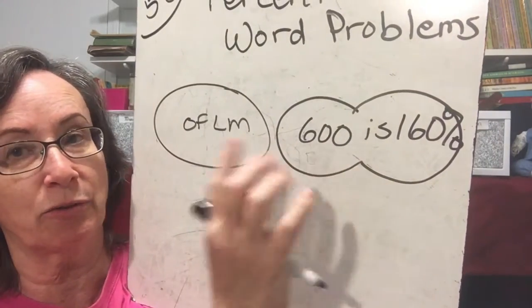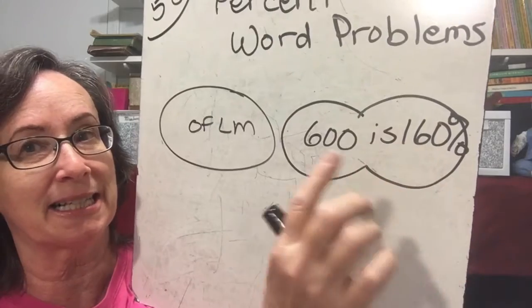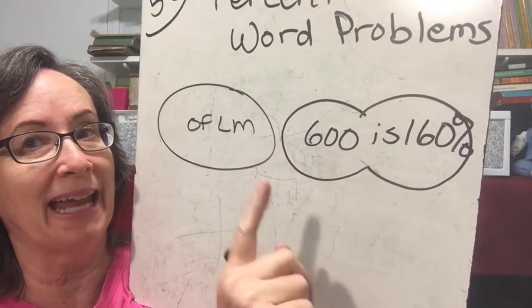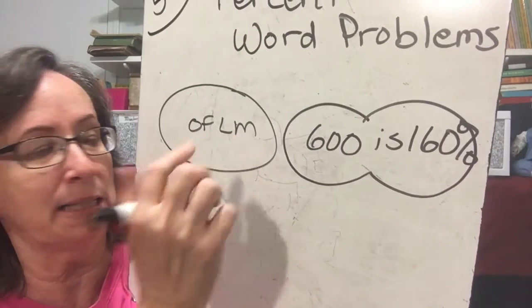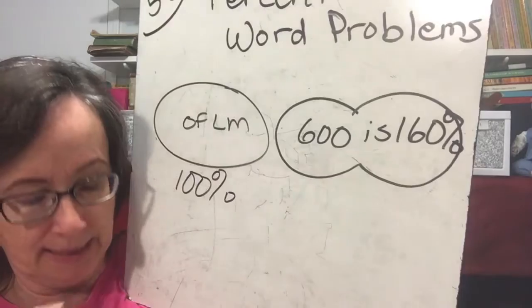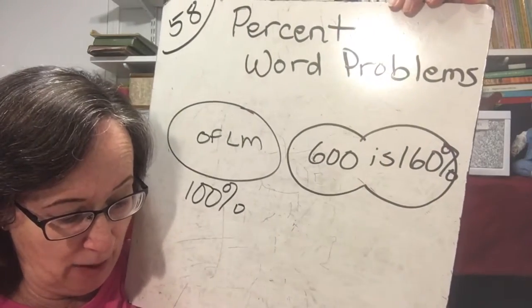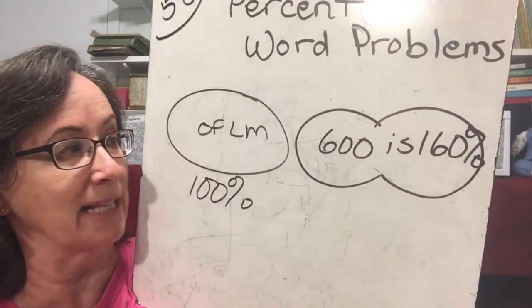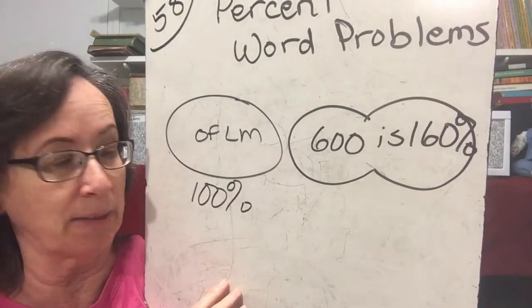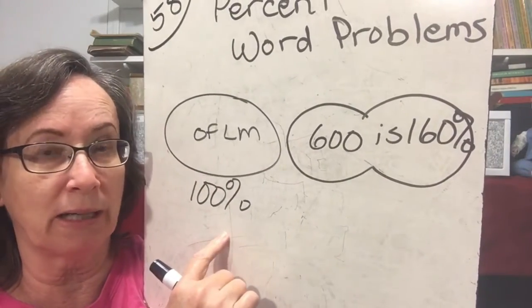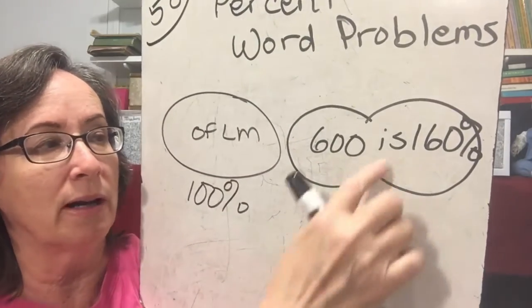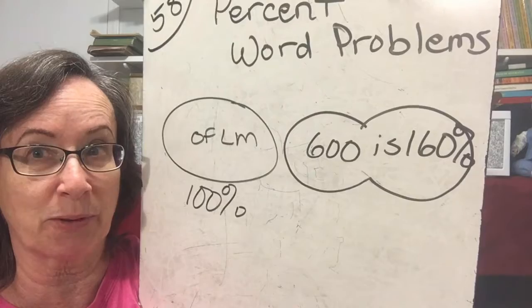The 600 raisins are 160% because they're 60% more than last time. So last month was the 100%. And the question is, how many raisins did they hide last month? We don't know how many raisins they hid last month, but we do know that's the 100%, and the 600 is 60% more, so it's the 160%.